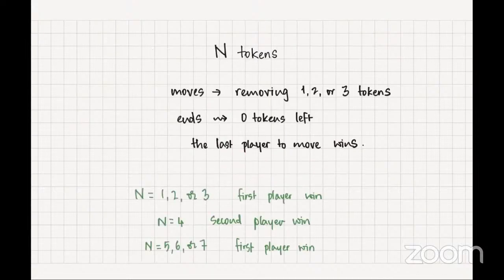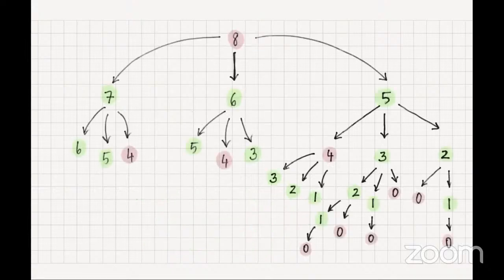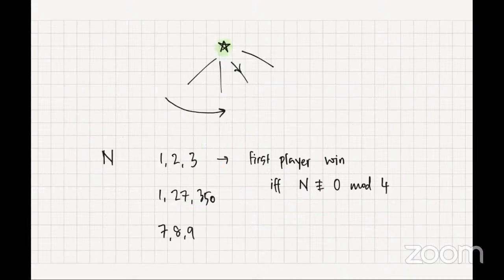So 1, 2, or 3 is good for you, 4 is bad, 5, 6, or 7 is good for you, 8 is bad, 9, 10, 11 is good for you because you can piggyback to 8, but 12 is bad because all the previous 3 moves are good for the other player, and so on. So good for the current player, sorry. So you've probably discovered this pattern already.